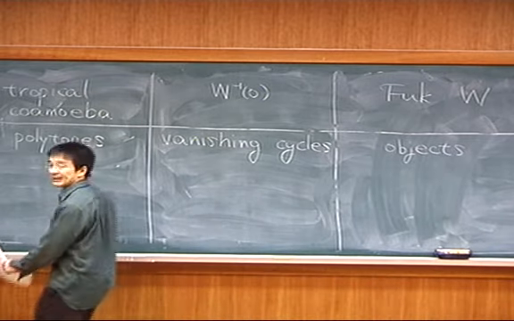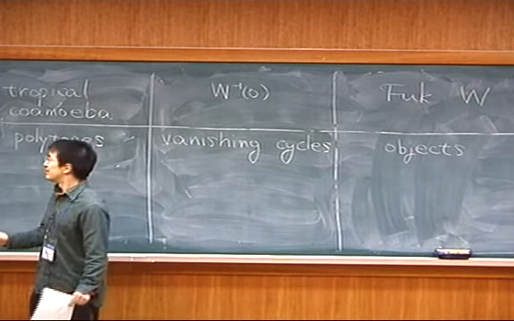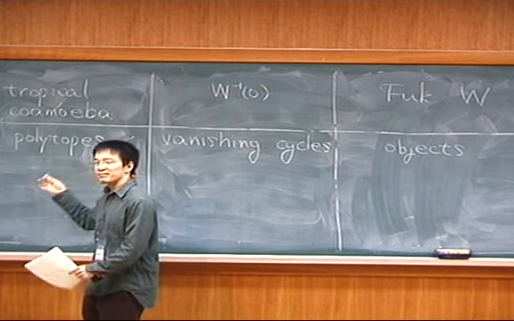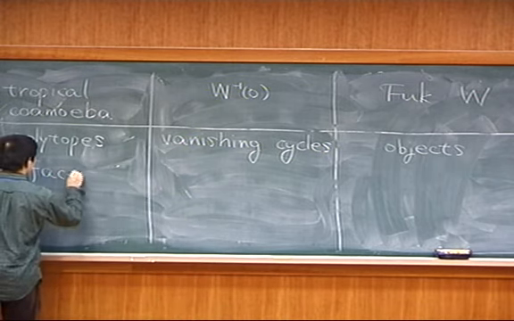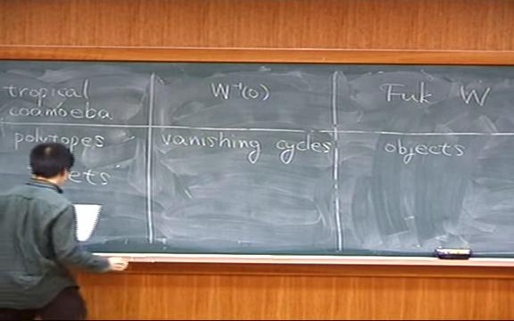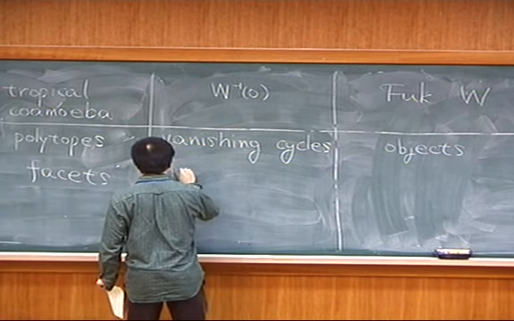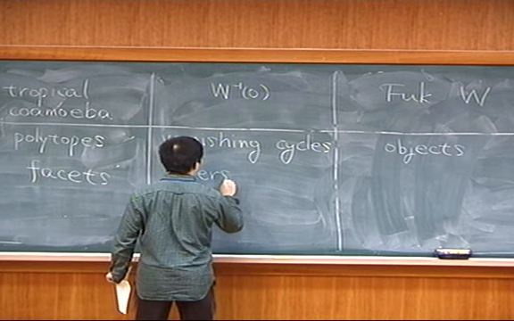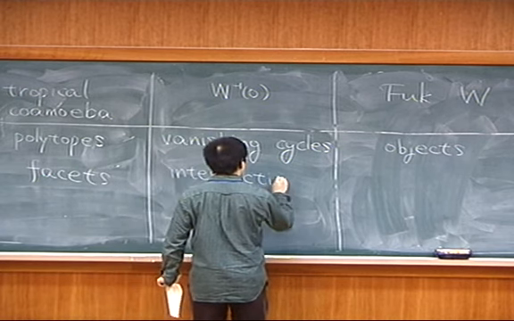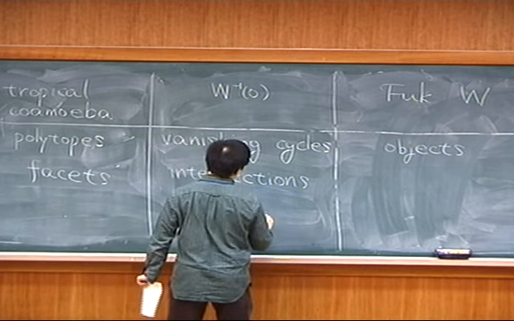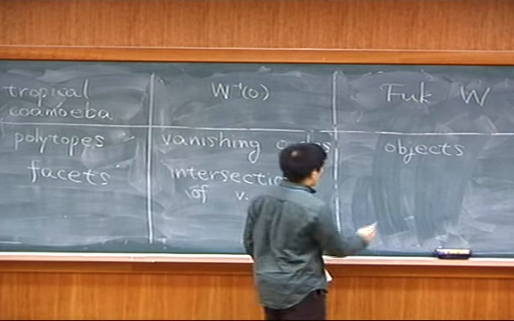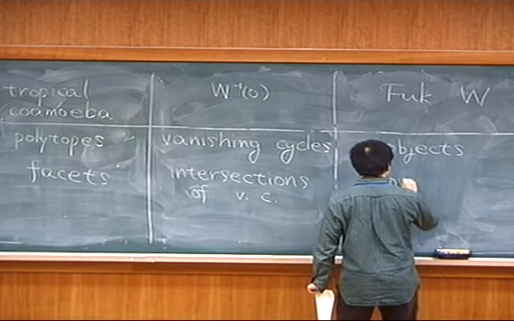Is that really the boundary of the polytope? Yes, actually the boundary of the polytope. And facets correspond to intersections of vanishing cycles, and this corresponds to morphisms.